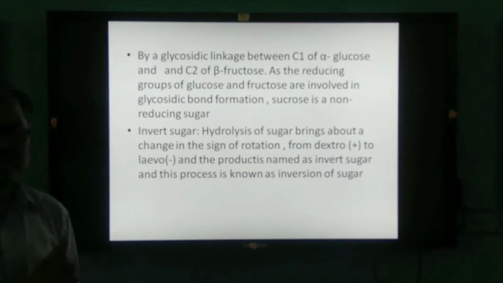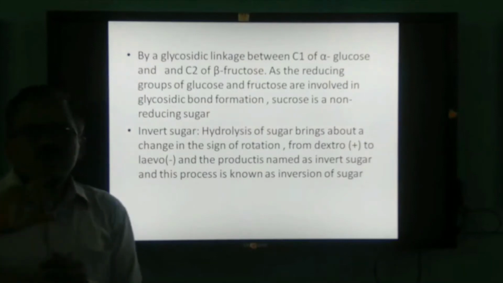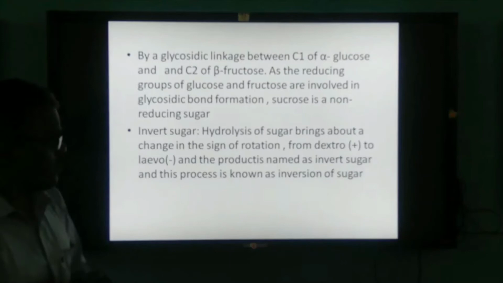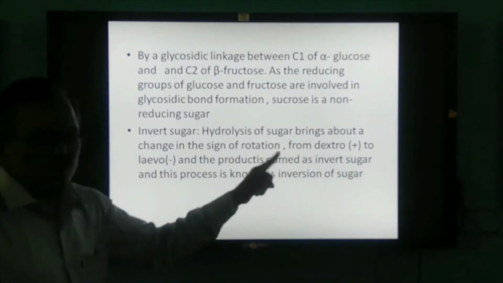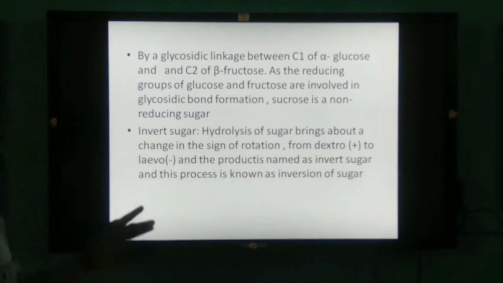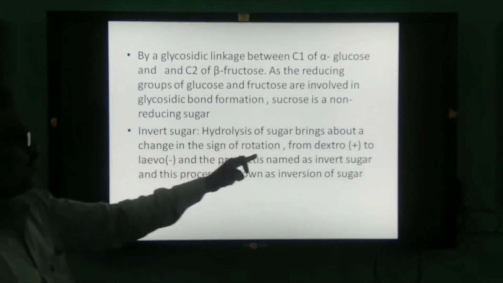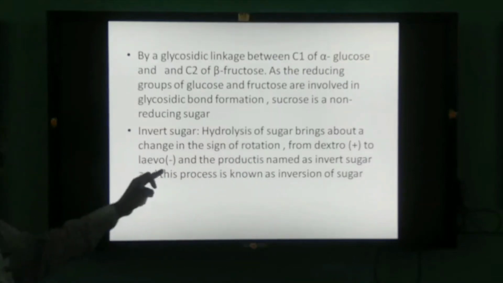Sucrose is called invert sugar. On hydrolysis, sucrose gives one molecule of D plus glucose and one molecule of D minus fructose. Glucose is dextro, whereas fructose is levo. That is why hydrolysis of sucrose brings about a change in the sign of rotation from dextro to levo, and the product is named invert sugar.